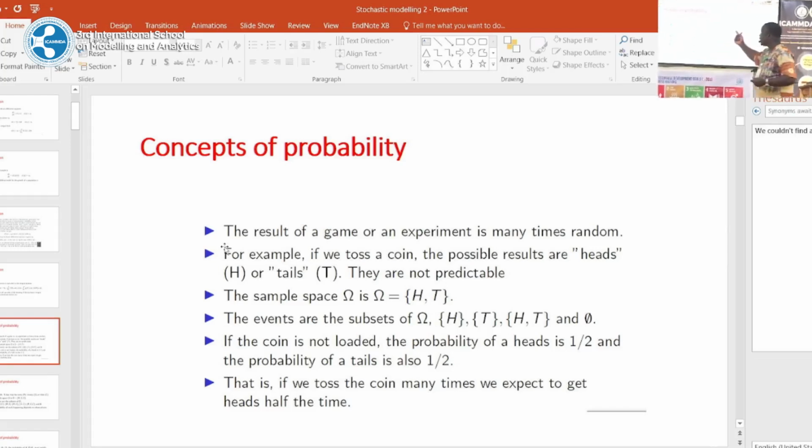Now, for example, we toss a coin. The possible results are head or tail. They are not predictable. The sample space for a coin is either head or tail. If you throw it 20 times, you are likely to get different outcomes.